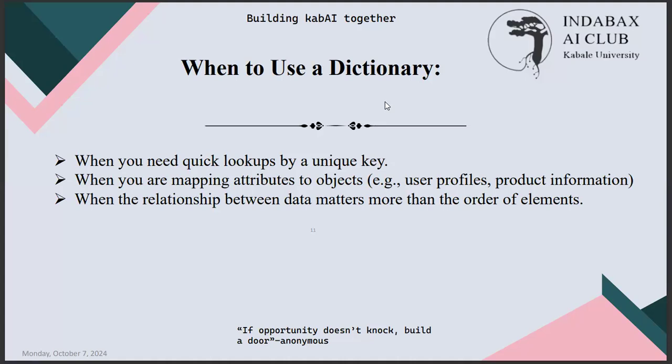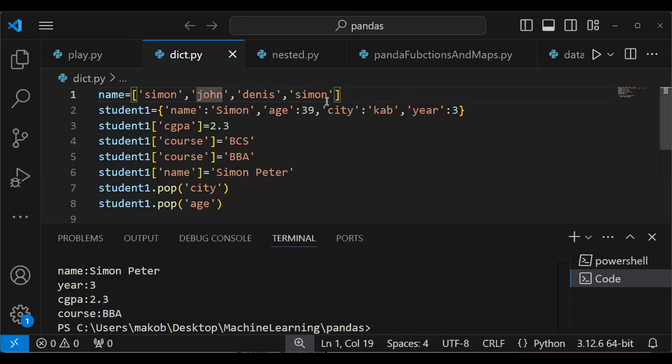Then when you are mapping attributes to objects, maybe you are defining user profiles, you're defining product information, there you clearly need a dictionary because product information, that is metadata or attributes of data. User profiles like what we have just described here, this is a profile for Simon.